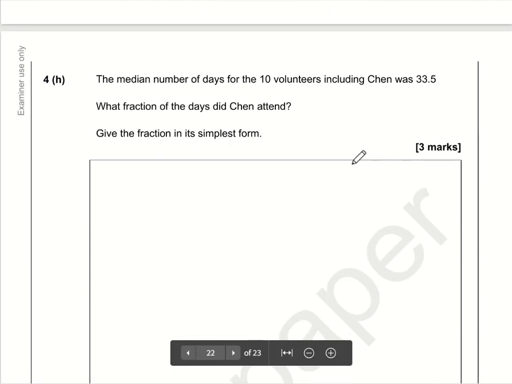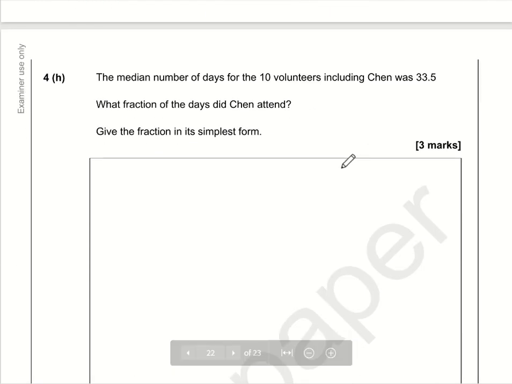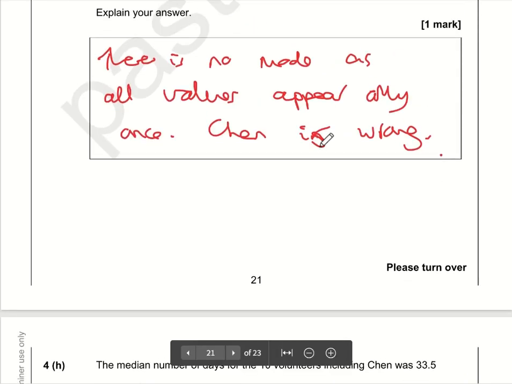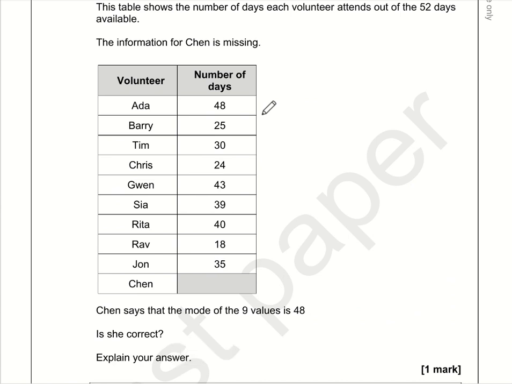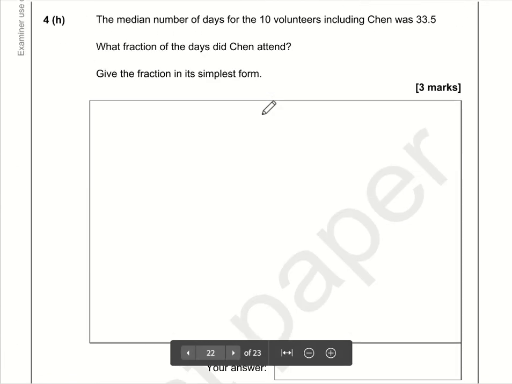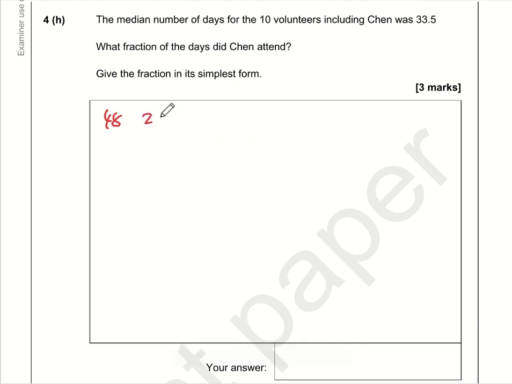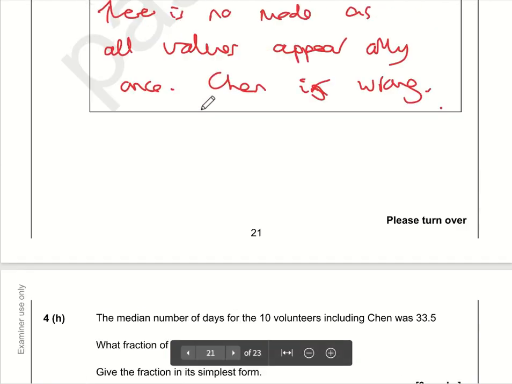Okay, so the median number of days for the 10 volunteers including Chen was 33.5. Using that information we can work out how many days Chen attended. So what I need to do is just copy these values down again, which is a bit annoying. 48, 25, 30. There's the first 3.